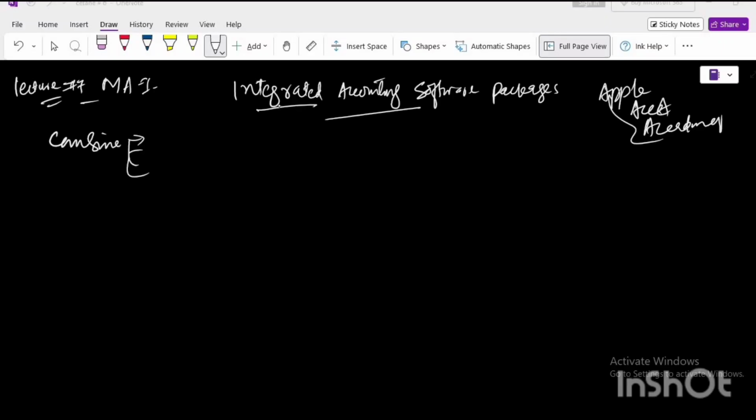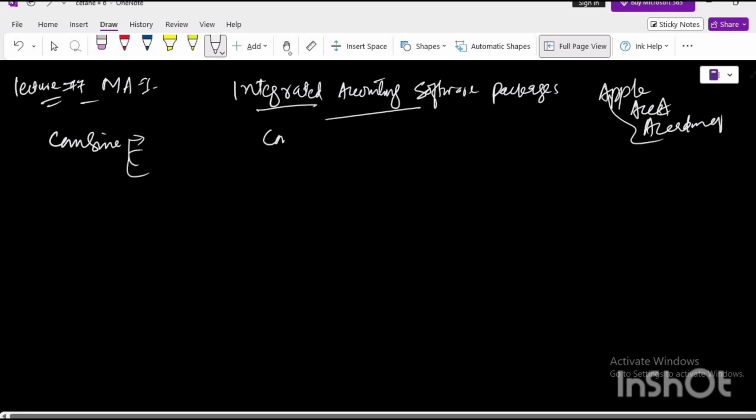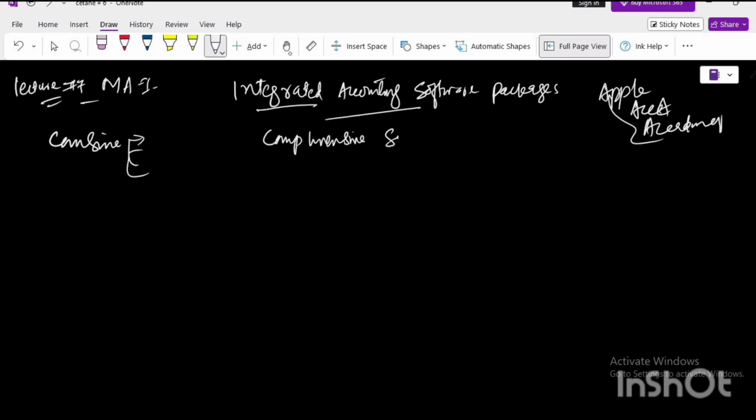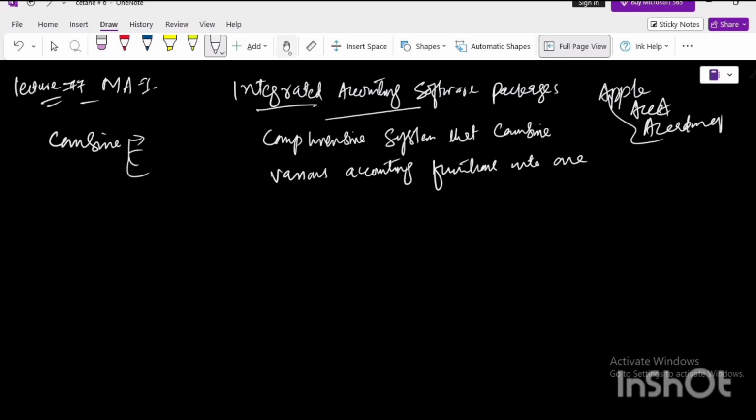So integrated accounting software is basically a comprehensive system that combines various accounting functions into one unified platform.